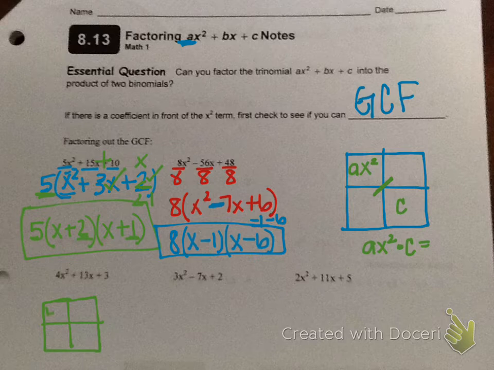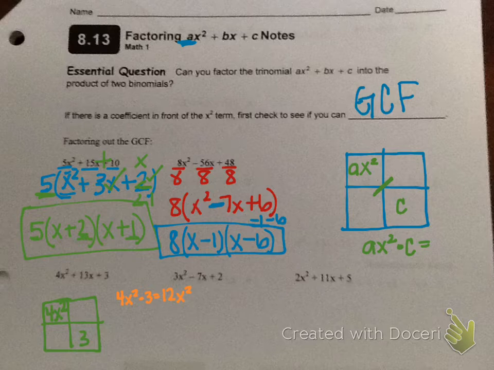We know 4x squared goes here, 3 goes here, and then we have to multiply 4x squared times 3. So when I multiply 4x squared times 3, I get 12x squared.